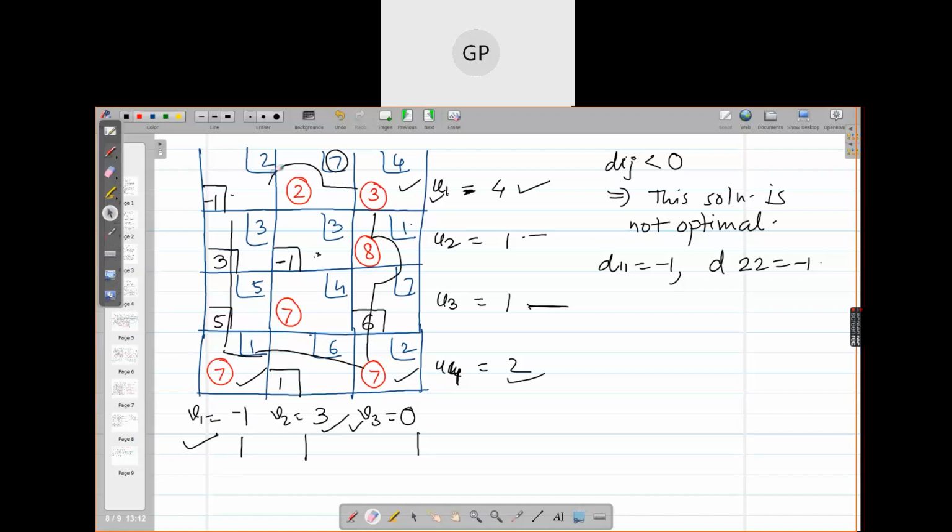Sometimes you may not get the loop very easily, so you have to use this particular technique, that you can skip the middle ones.